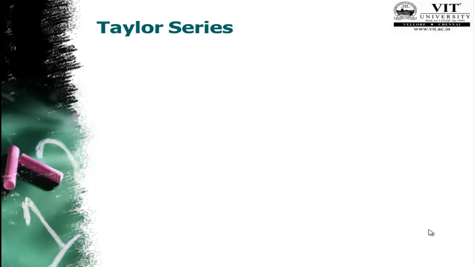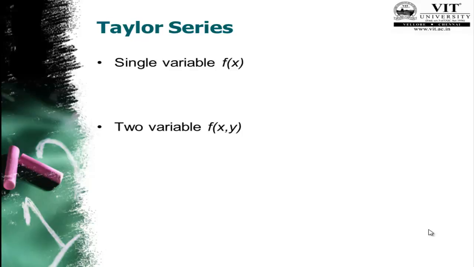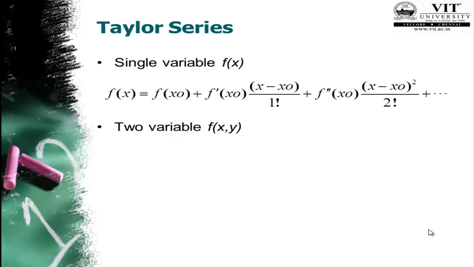So in this lecture, we'll see how to build the linear model from a nonlinear system using Taylor series. In Taylor series, we'll see a single variable case and a two variable case. In the single variable case, let us assume I have a nonlinear function f of x, and I have to linearize this around x naught.